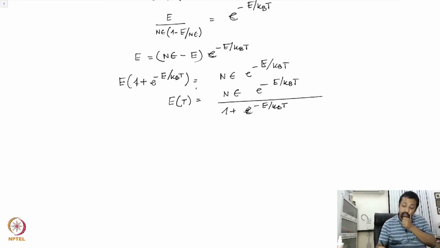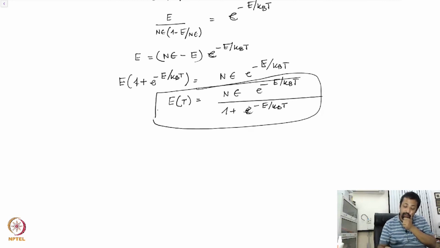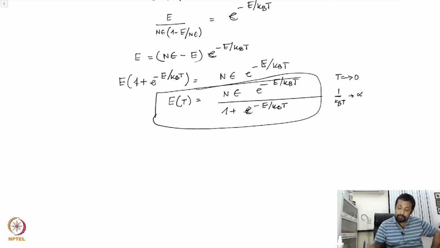Now the question is, whether we are correct in all our calculations. Let's see. So let's take the limit of T to 0. If I take the limit of T to 0, then 1 over kB T tends to infinity, right?